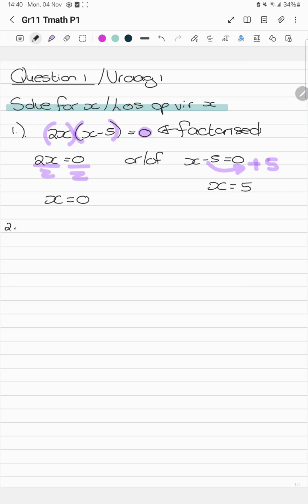Another way in which they can give this question is x minus 3, x plus 7, for example, equal to 0. Once again, I have my two brackets and a 0, which means this is already in factorized form, so I'm not going to multiply out my brackets.